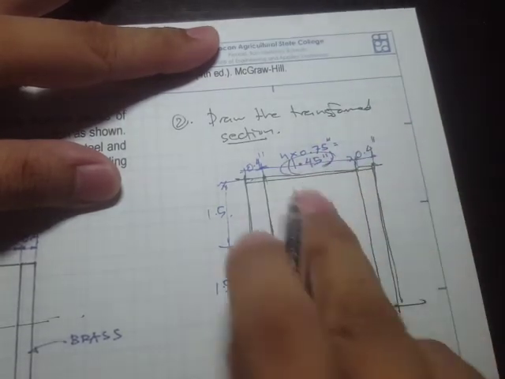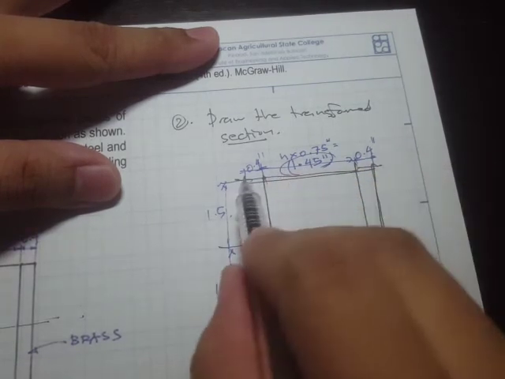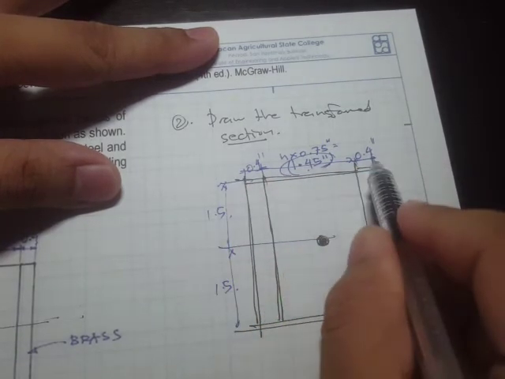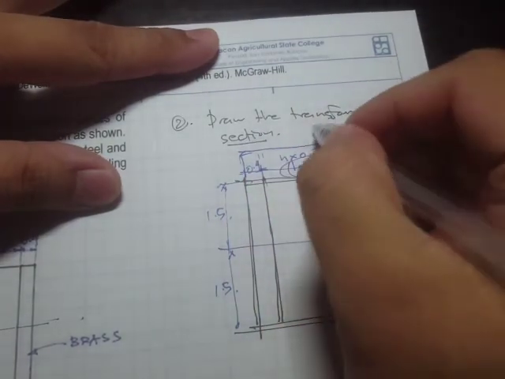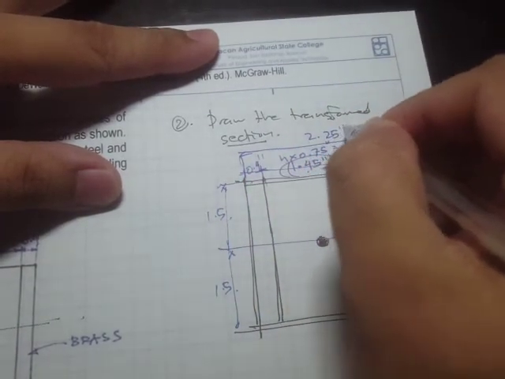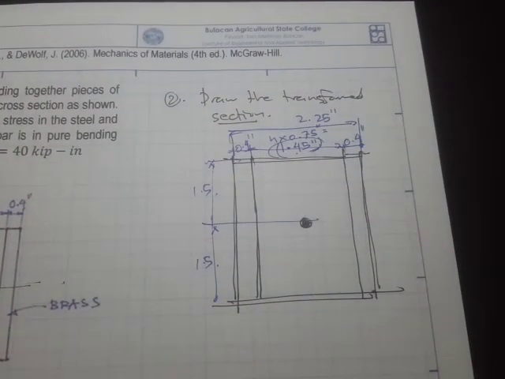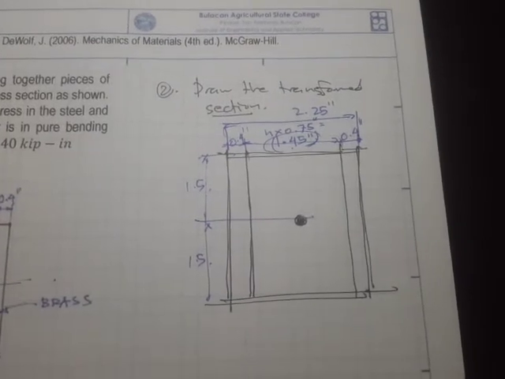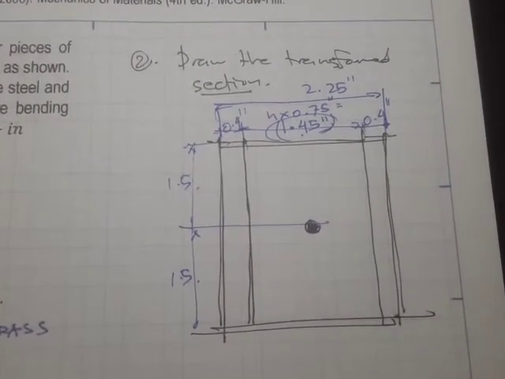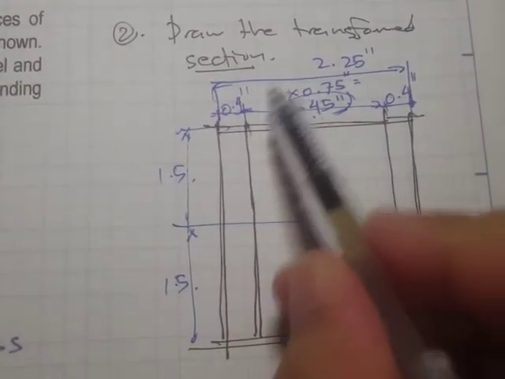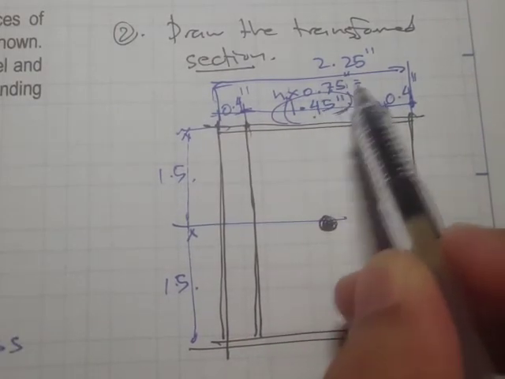Here's the length, and the total, 1.45 plus 0.4 plus 0.4, is 2.25 inches. Again, we multiply this modular ratio to the width of the steel.